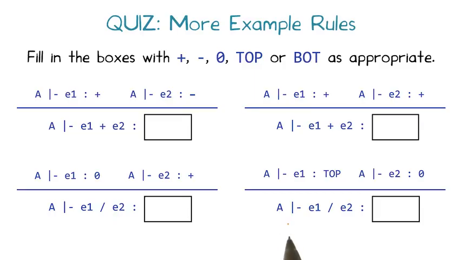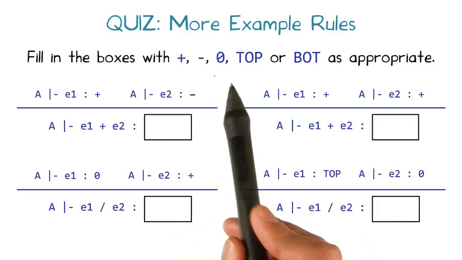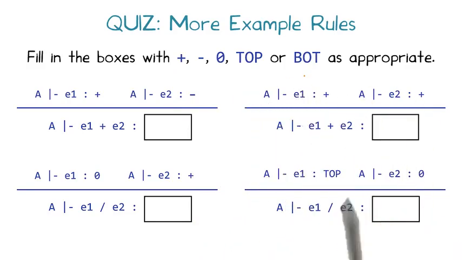And under the environment A, if it is provable that E1 has value top and E2 has value 0, then it is provable that E1 divided by E2 has value blank. Notice that we are also introducing inference rules about division now. Just use standard rules of arithmetic to determine your answers here. Fill in each of these boxes with a plus, minus, 0, the word top, or the word bot as appropriate.